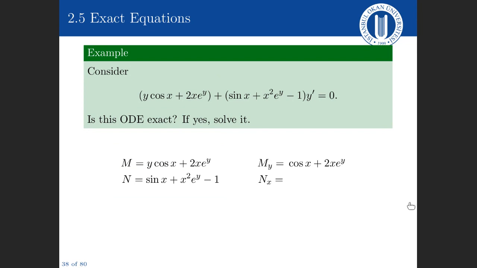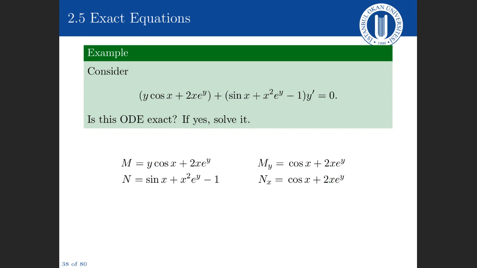Differentiate M with respect to y. When we do partial derivatives, we pretend that x is just a number. So let's pretend that sine x is just a number. The derivative of a number multiplied by y is just that number. We just get cos x. Pretend that 2x is just some number, 2x, and then the derivative of e to the power y is e to the power y.